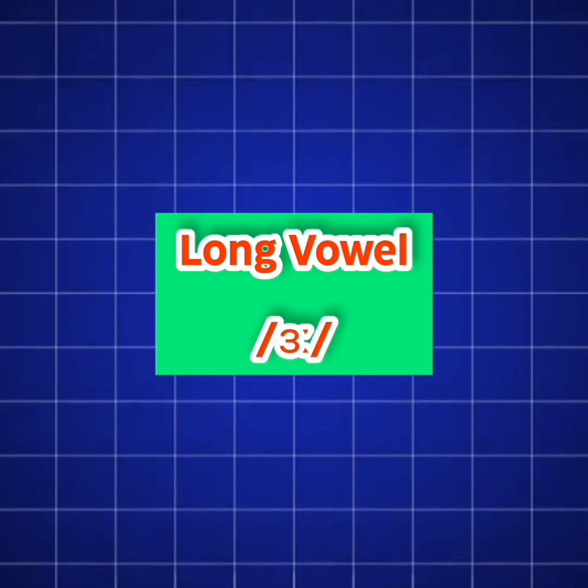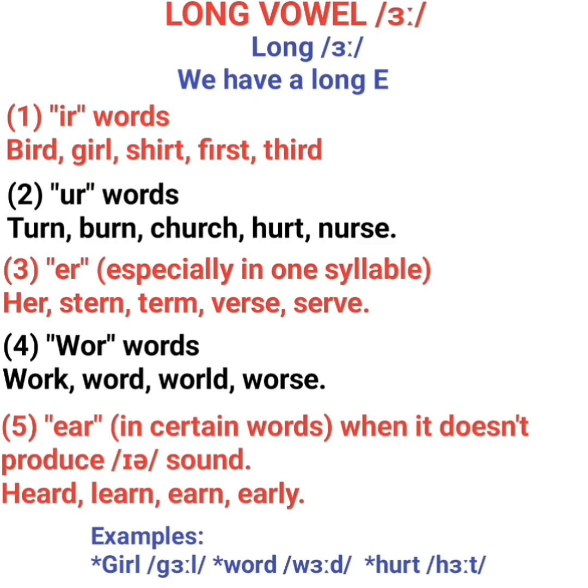Now to the long ER sound. We have explained the short ones earlier, so now we are going to talk about the long one. When do we have it? Whenever we have IR, UR, ER, WOR, EAR, as we have it in bird, especially when these are in the middle of words, they usually give this sound.